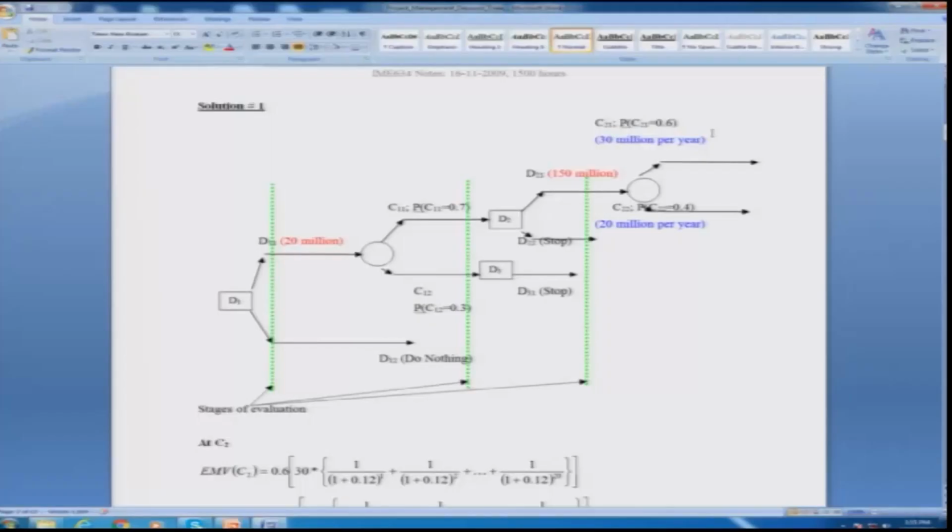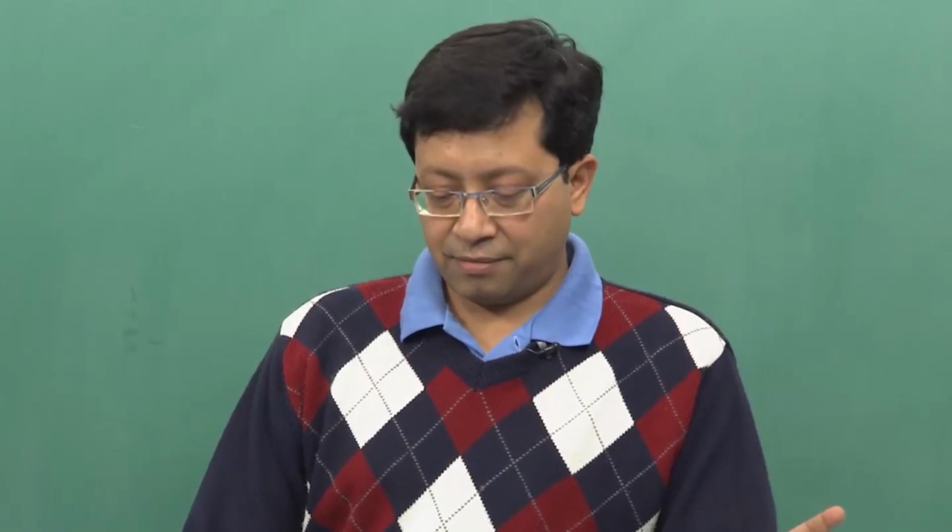So, if I consider the problem from the right-most extreme, because what I will try to do is analyze the problem from the end result and slowly go into the actual source where the decision would be made. So, for the extreme right values, 30 million means there is a probability of 60% of high demand and you would get on an annual basis 30 million as the payback for a 20-year period.